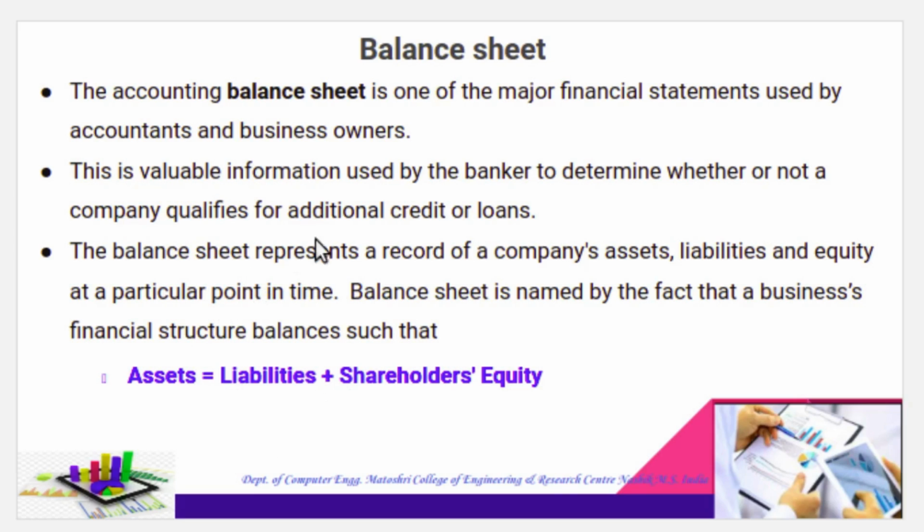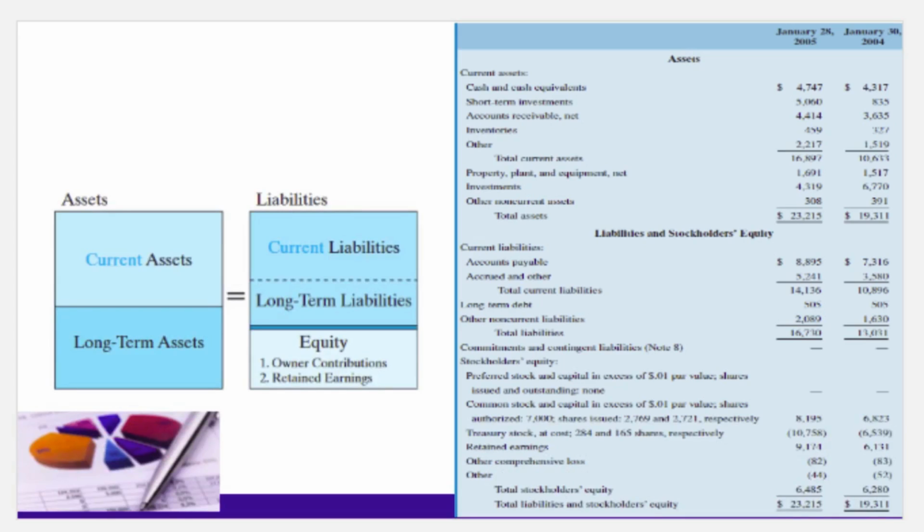Hope you understand the major components of the balance sheet. Let's discuss one example of a balance sheet. Here you can observe three main categories of items, such as the assets, liabilities and stockholders' equity. Assets are arranged in order of liquidity. The most liquid assets appear at the top of the page, the least liquid assets at the bottom.